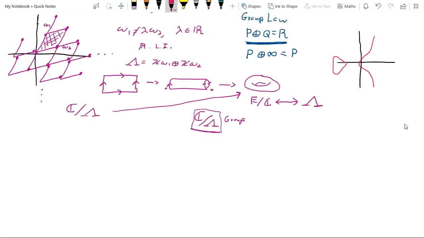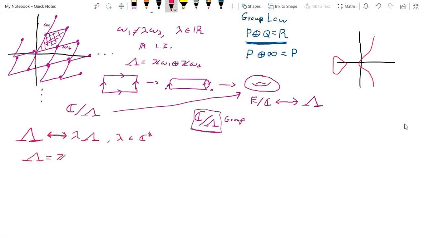I'm not going to get into why this is the case here necessarily, but for an elliptic curve, it turns out that considering what a morphism or isomorphism of elliptic curves should be, if we have an elliptic curve associated to the lattice lambda, it turns out that the elliptic curve associated to lambda multiplied by some non-zero complex number will give the same elliptic curve. So these two lattices correspond to the same complex elliptic curve.